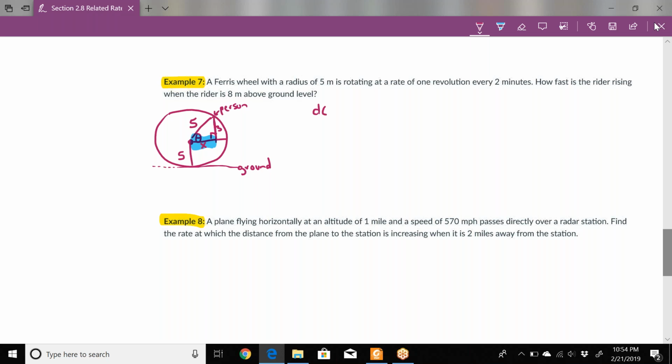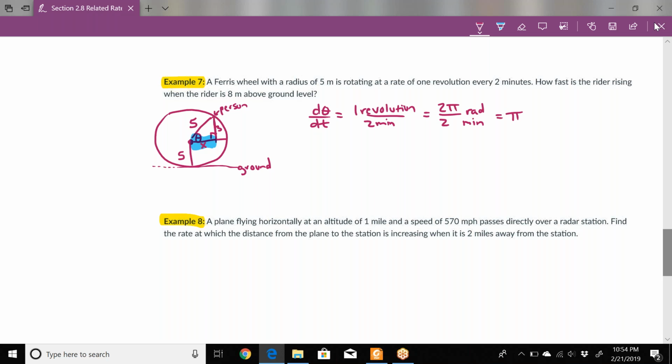Okay, so let's talk about a few of the things that we know in this problem. We know that the angle changes, because d theta dt is changing: 1 revolution in 2 minutes. Now a revolution in a circle is 2 pi because you go all the way around, and that would be over 2, and this would be radians per minute.